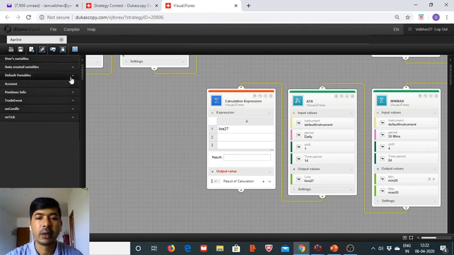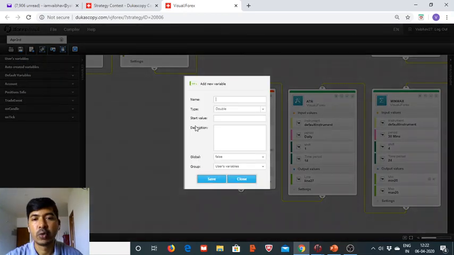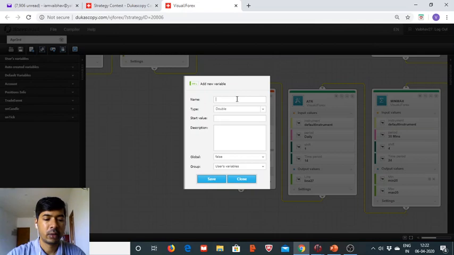We need to define a new variable, create a new variable, double, and it should be entry point optimization, EPO, or let's keep it EP, and then we will set the value to 0.2.